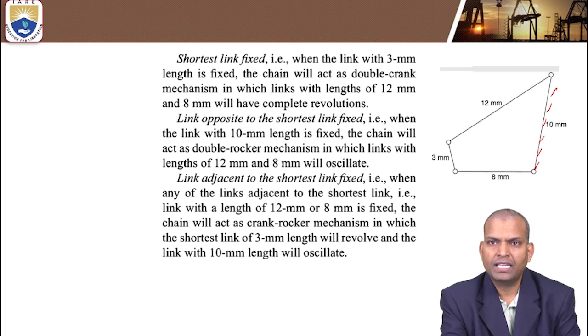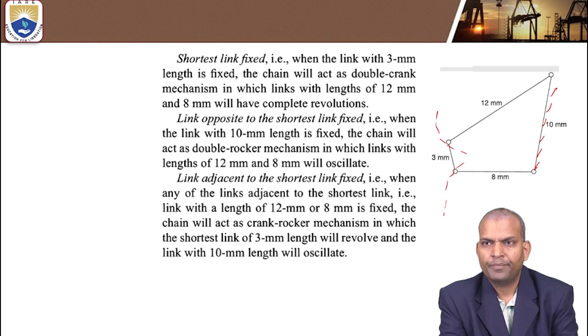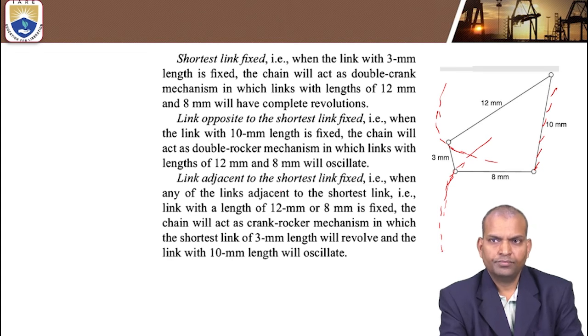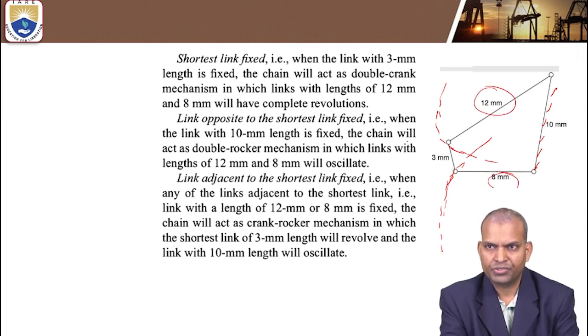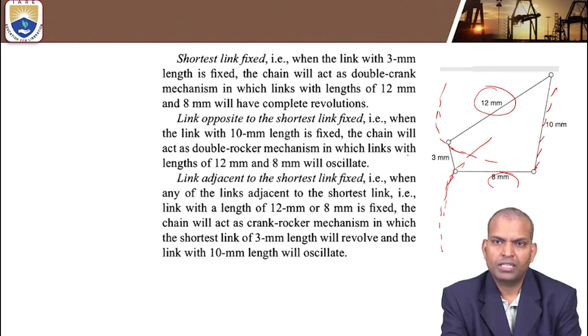Then the chain will act as, just now we studied, a double rocker mechanism. It rocks because of the longest link, so it can't be rotated completely. Thus it is a double rocker mechanism. Then which links will oscillate here? The 8 millimeter and 12 millimeter links will oscillate.